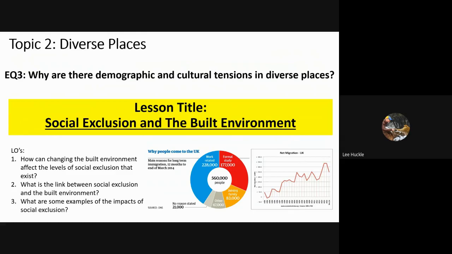So if you change the social makeup of an area, does the built environment change as a result? And then vice versa. If you start regenerating, for example, changing the built environment, does that then change the social makeup of an area? And then 3, what are some examples of the impacts of social exclusion?